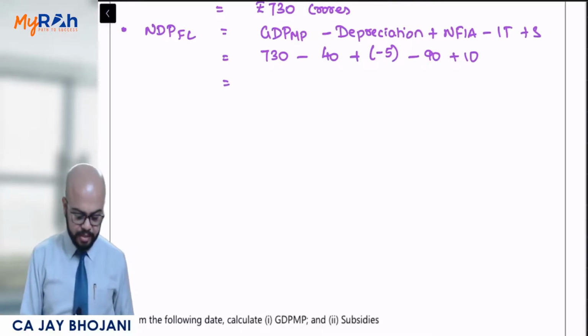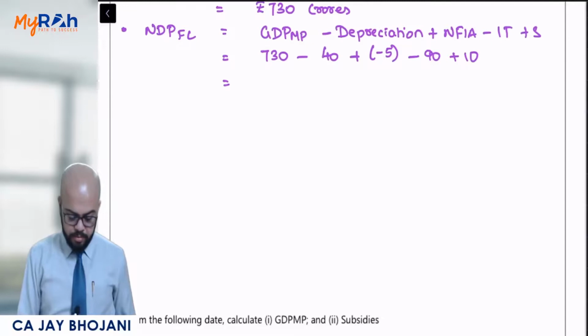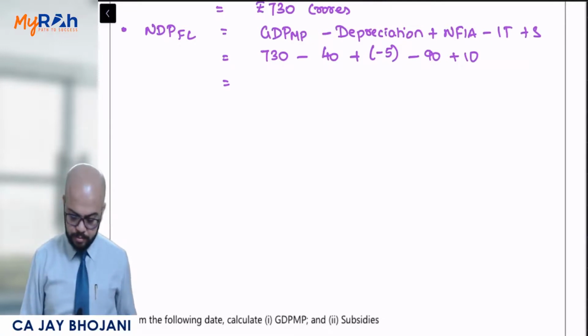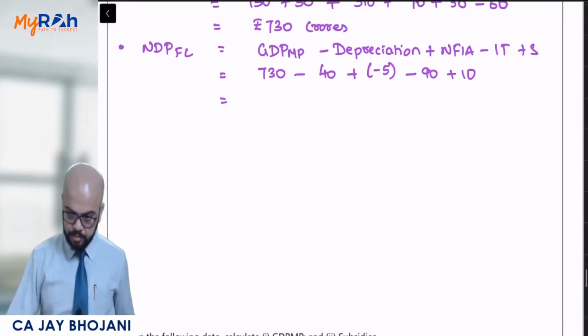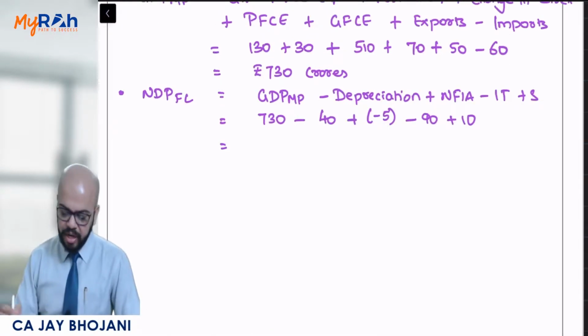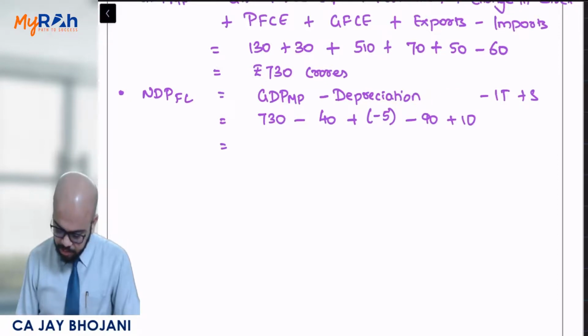Okay, let's see this. Sorry, I have taken NFIA here as well, but we are finding out NDP-FC, not NNP-FC. So we don't need to deduct or add for that matter in this case. NFIA, okay, sorry, this has to be removed.